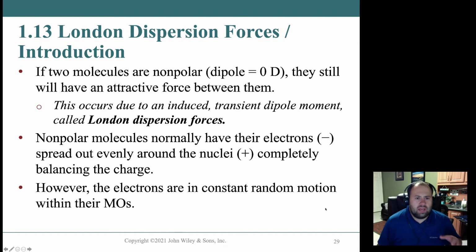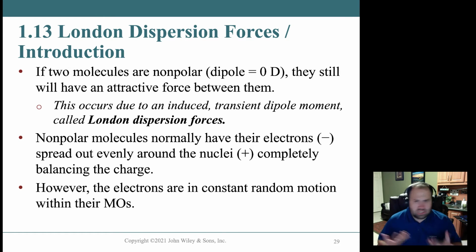Now, when you have molecules that are nonpolar, they can still have an attractive force between each other. This is known as the London dispersion forces, and that's because these nonpolar molecules, they're nonpolar because for the most part their electrons are evenly spread out and evenly shared.